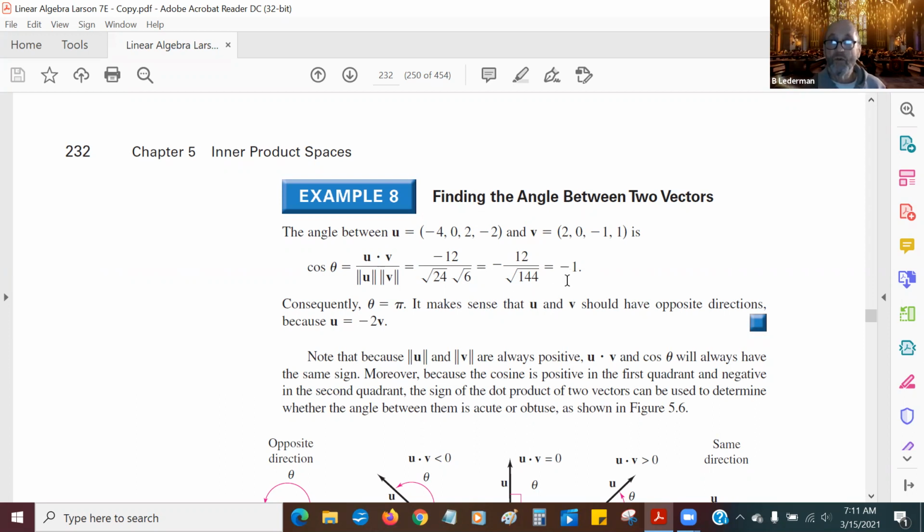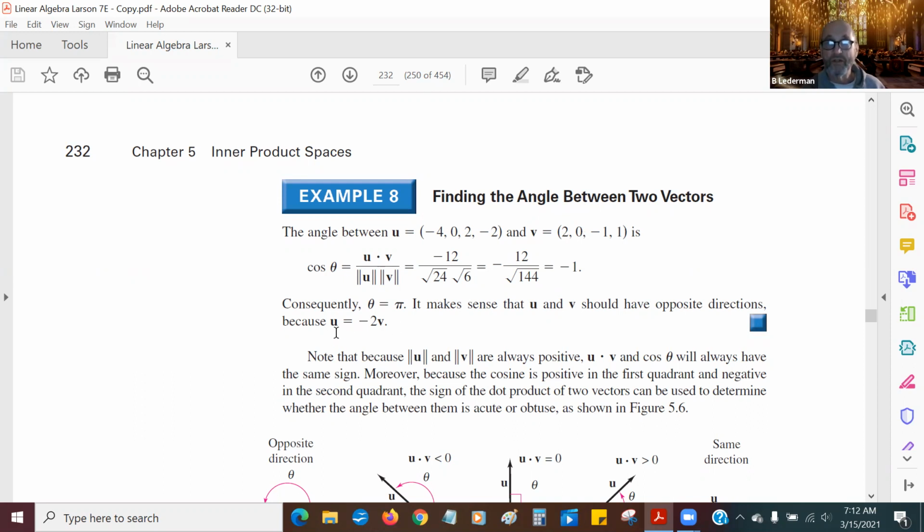So I get -1. Now, when is the cosine theta -1? Well, that's for 180 degrees. That's when theta equals pi, which is 180. And when two vectors are 180 degrees apart, that means they're in exact opposite directions of each other. You can actually see it, because if I take vector v and multiply the entire vector by -2, 2 times -2 is -4, 0 times -2 is 0, -1 times -2 is +2, and 1 times -2 is -2.